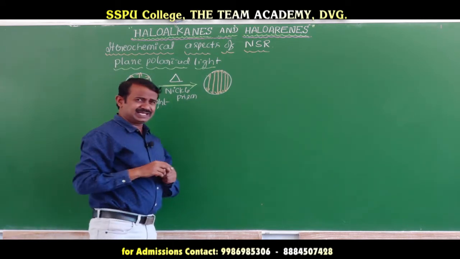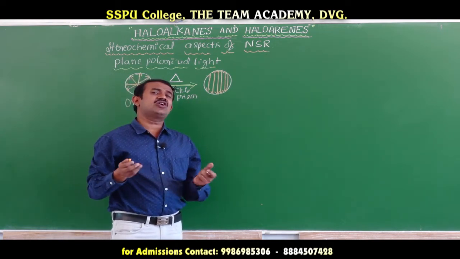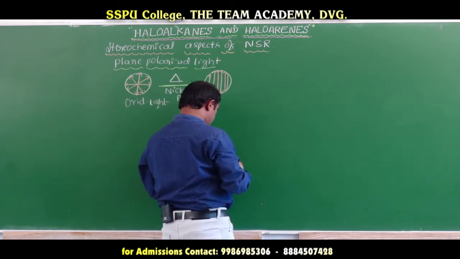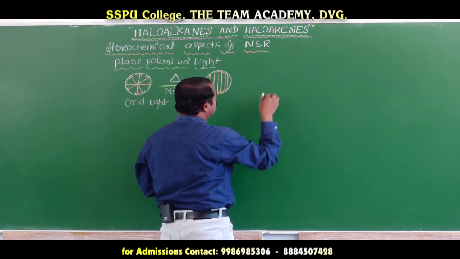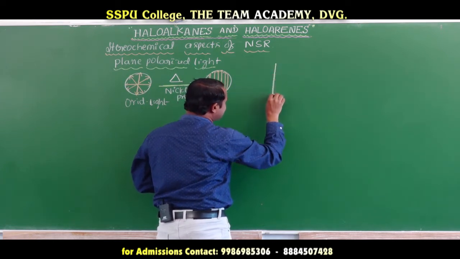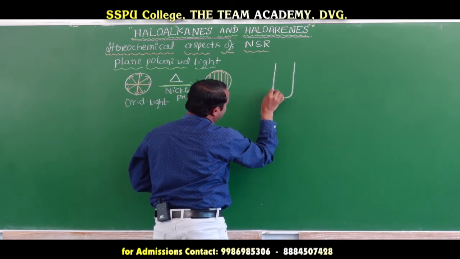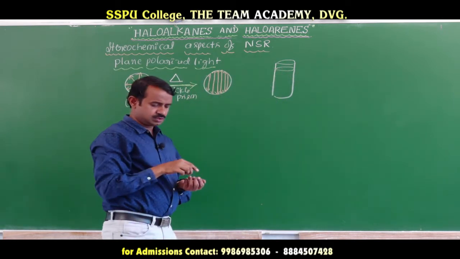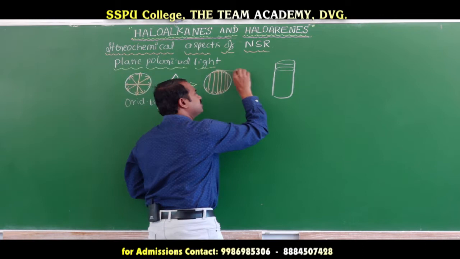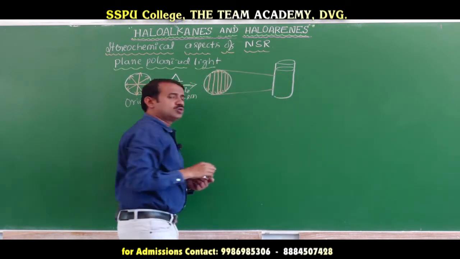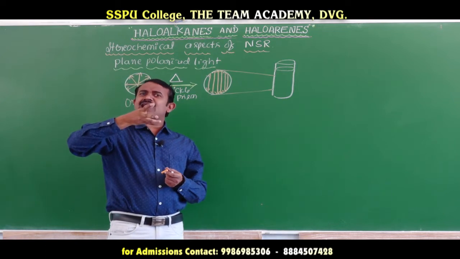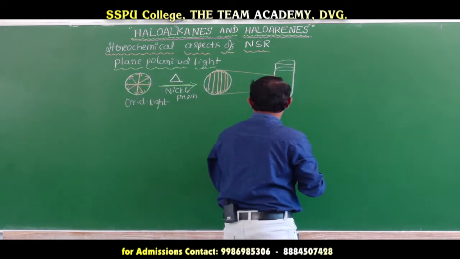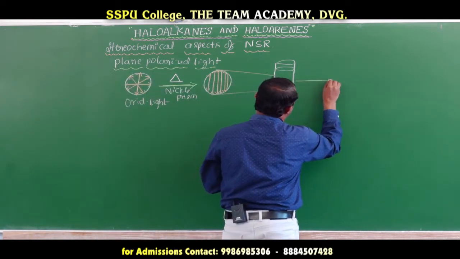When plane polarized light is passed through certain organic compounds, haloalkanes and haloarenes, which are optically active compounds, it will rotate anti-clockwise or clockwise.